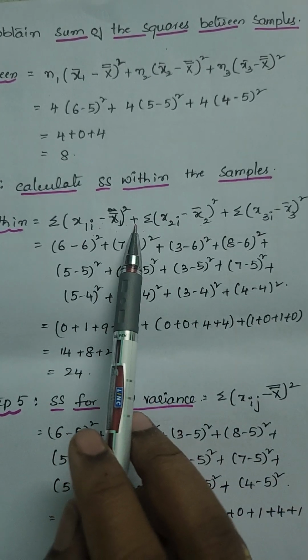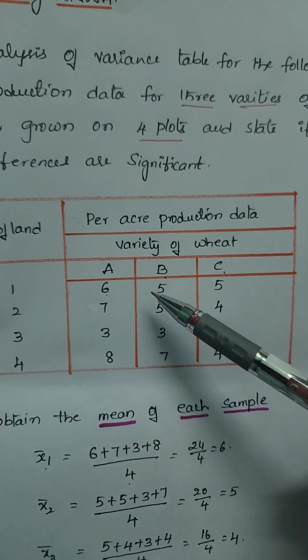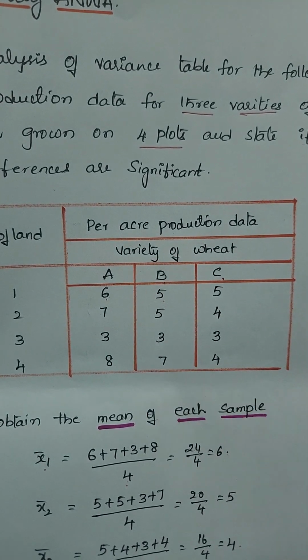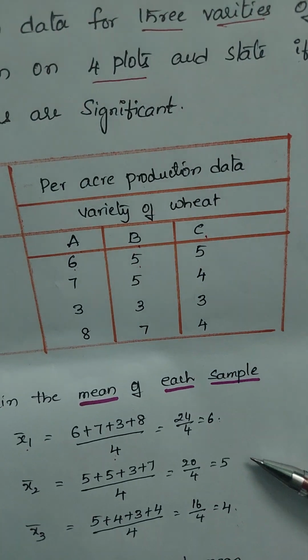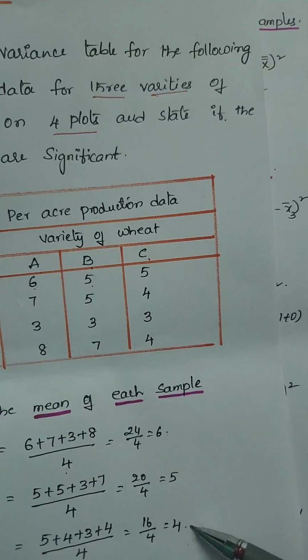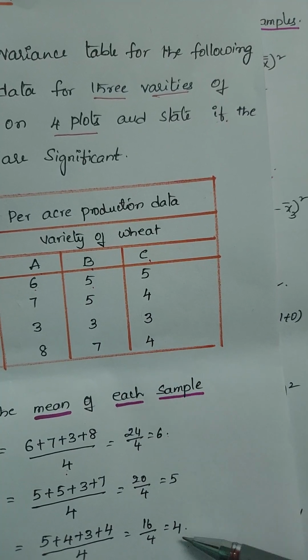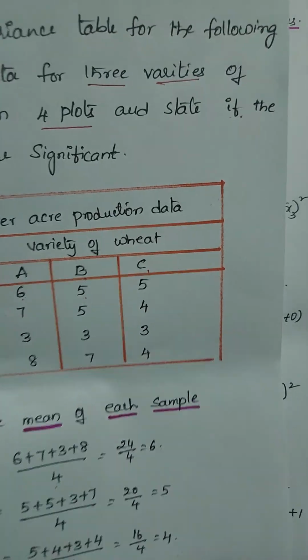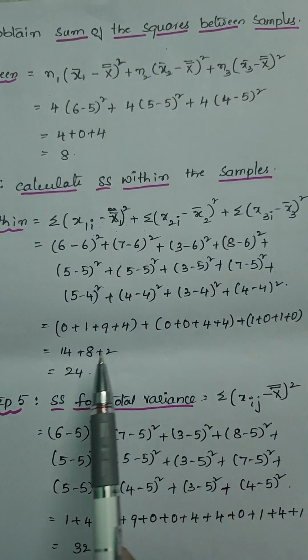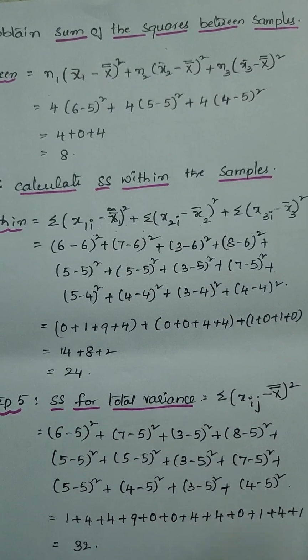Plus the next one, 5 minus 5, 5 minus 5, 3 minus 5, 7 minus 5. Plus the third one, 5 minus 4, 4 minus 4, 3 minus 4, 4 minus 4. So its value is 24.